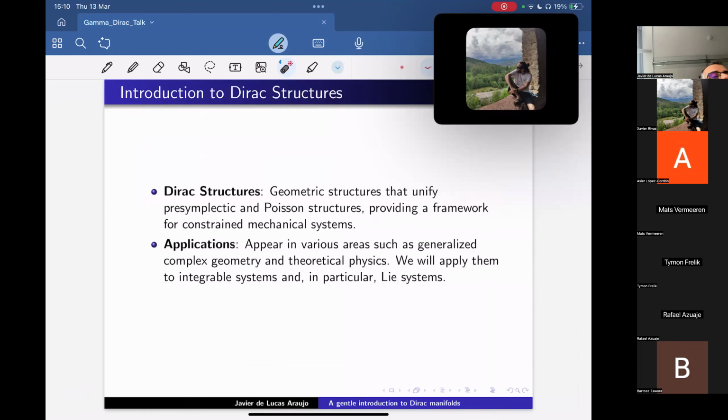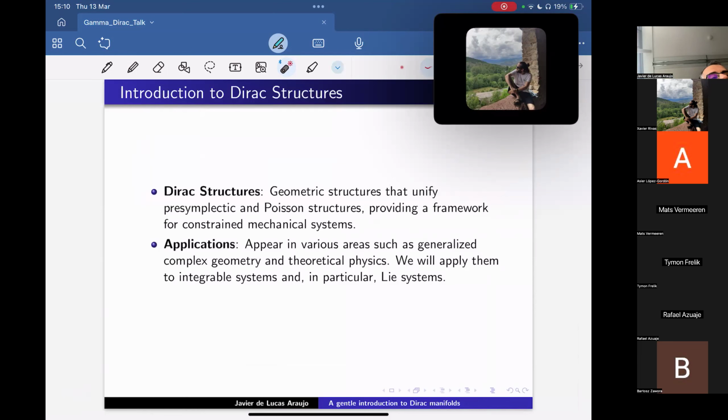So how do these Dirac structures appear? Well, essentially, Dirac structures appeared at the time when presymplectic structures and Poisson structures were very well known. Partially in the spirit of generalizing previous geometric structures, Dirac structures managed to describe presymplectic manifolds and Poisson structures as particular examples.